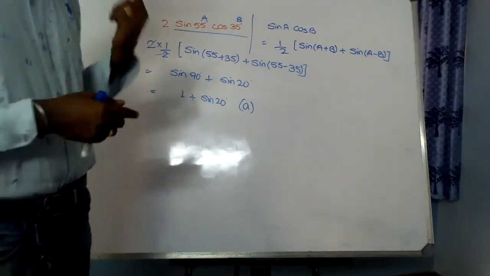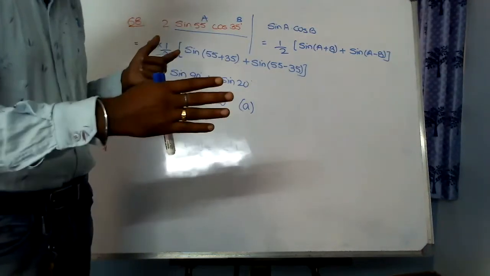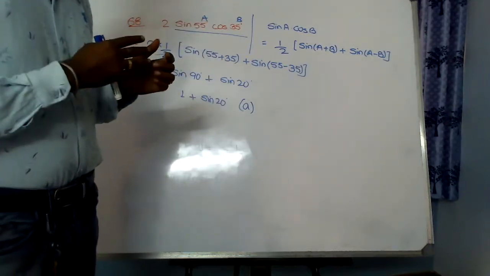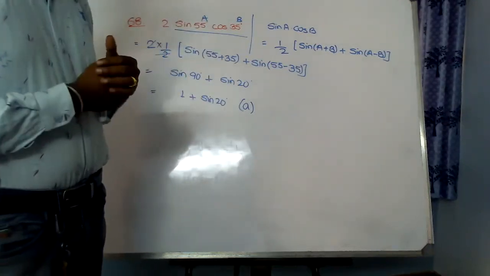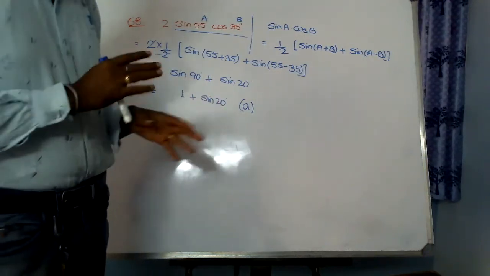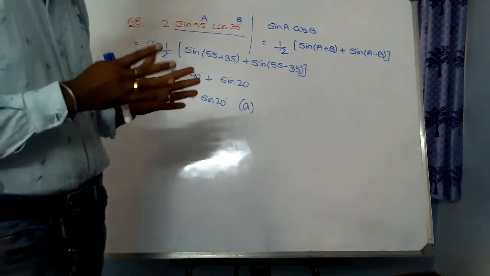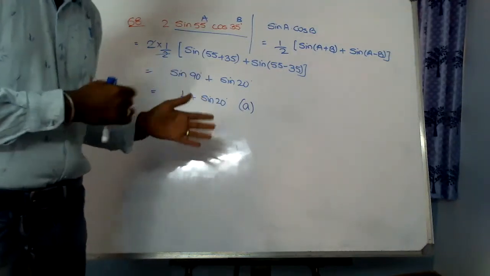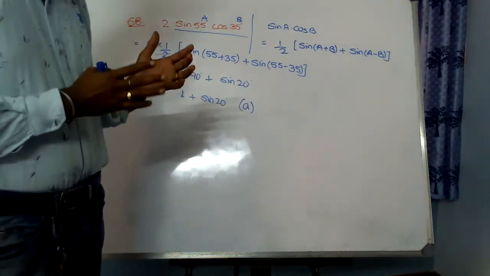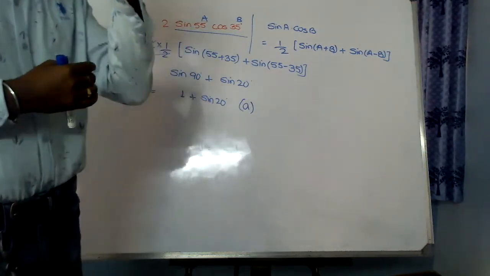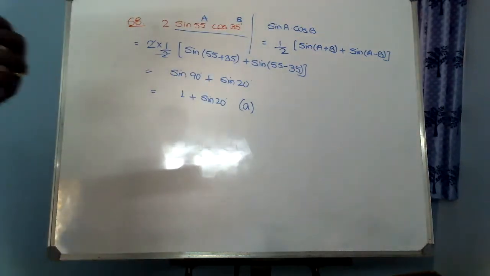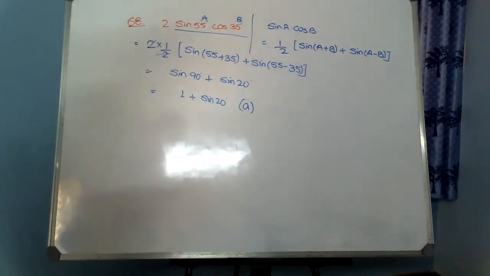No. Imagine for one trigonometric ratio, if I give you 50 values, sine 0 to sine 50, then 6 trigonometric ratios, 6 into 50, 300 values, will you be able to remember? It will go into decimals first of all, not direct whole numbers. So we have simplified it, and only the major ones, 0, 30, 45, 60 and 90, we consider. The rest we keep as sine 20 only, or whatever trigonometric ratio it comes.